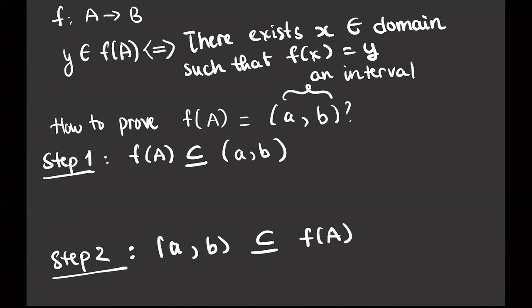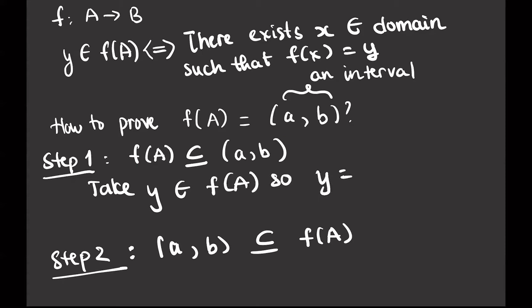So in the first step, in order to prove this is a subset of the interval, we have to take y in the image. So y equals something. For example, if f(x) equals the absolute value of x, then we will say y equals the absolute value of x. If f(x) equals x squared, we will say y equals x squared, right?